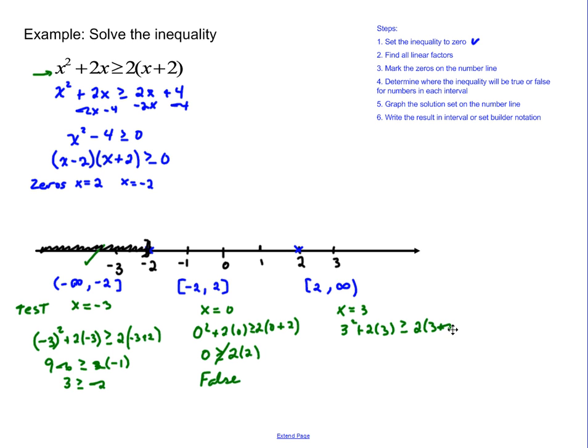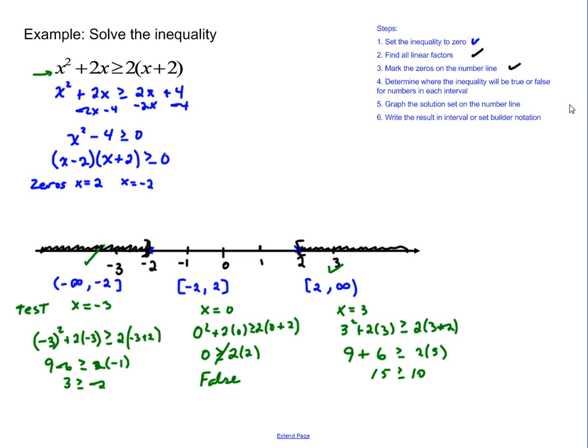Well, let's see what happens right here. This is 9. This is 6. Should be greater than or equal to 2 times 5. Well, yeah, that's true, right? 9 minus 6, 3... actually 15 is certainly greater than or equal to 10. So that fits. This is part of our solution set, and so we would shade in this part of our number line.